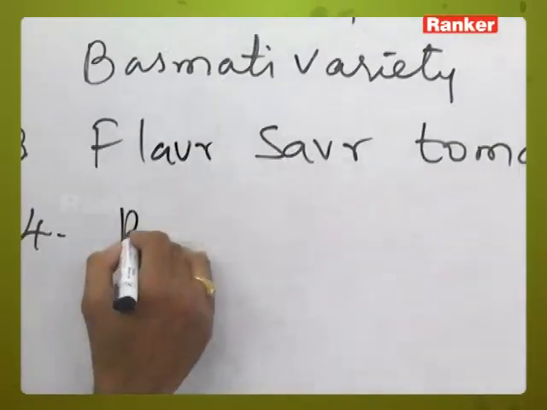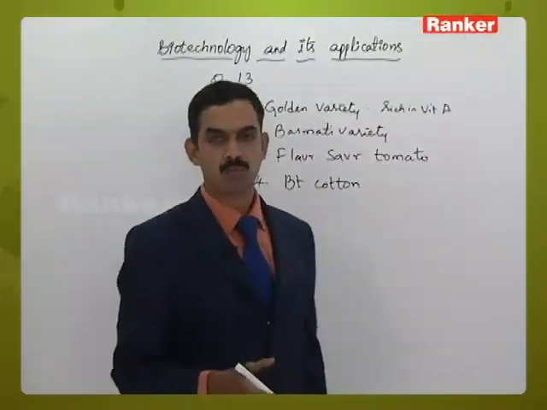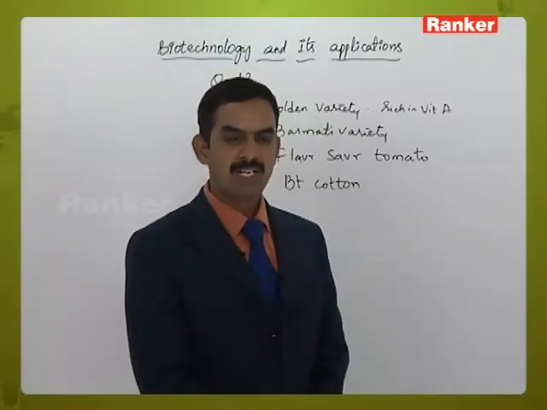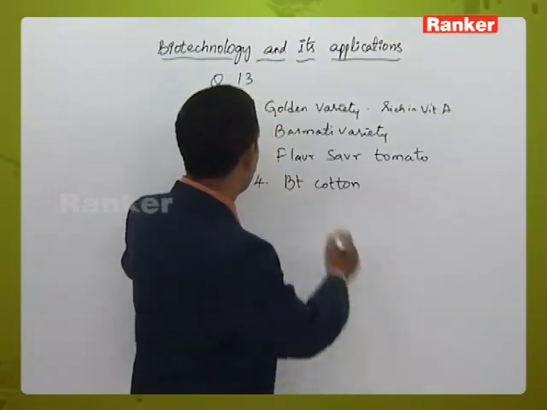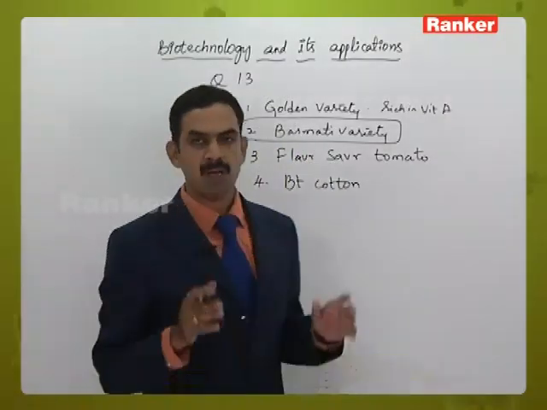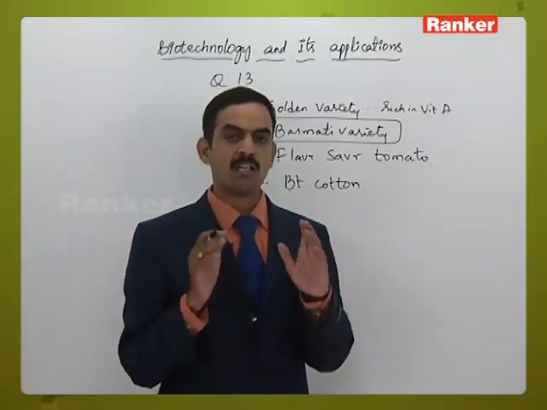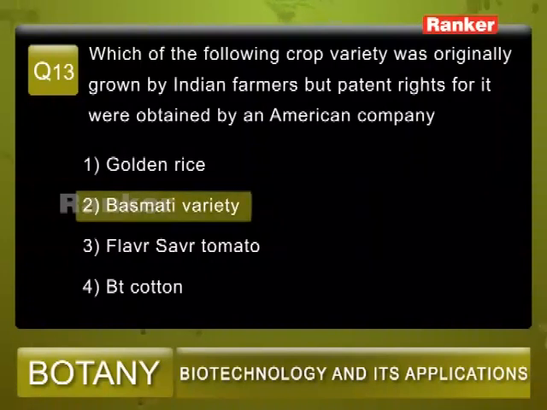Then the fourth one is BT cotton, which is resistant to pests, as BT is used as a biopesticide for controlling insects. So out of these, basmati variety is the one which is used by multinational companies of America without authorization of the native country, that is India. So question number 13, the correct answer is 2.